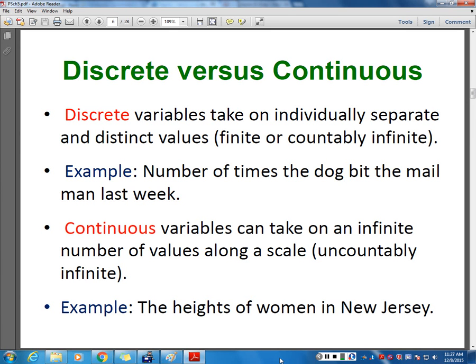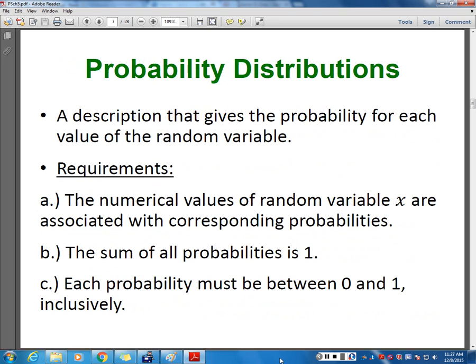Continuous variables, on the other hand, can take on an infinite number of values along a scale. They are uncountably infinite in nature. So the heights of women in New Jersey, for example, have an infinite number of possibilities along a range. Those are continuous data values.